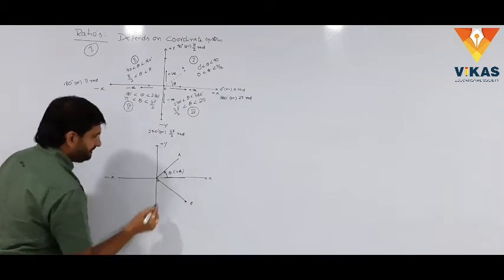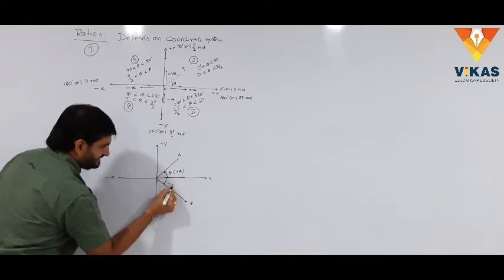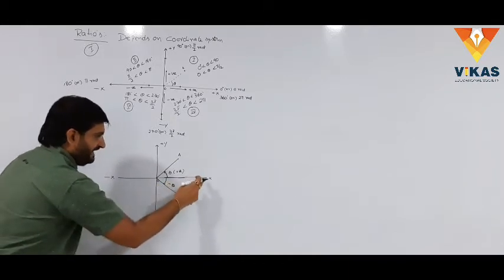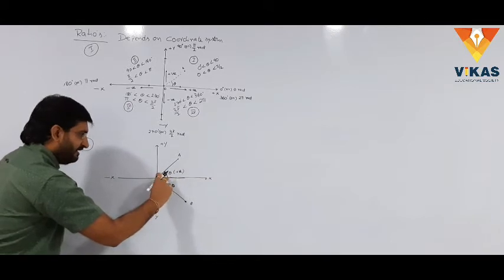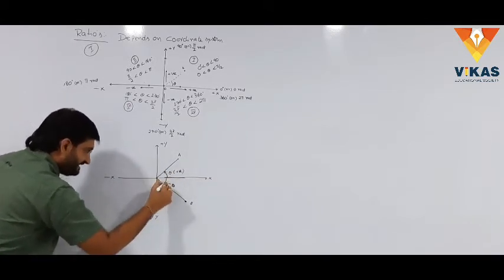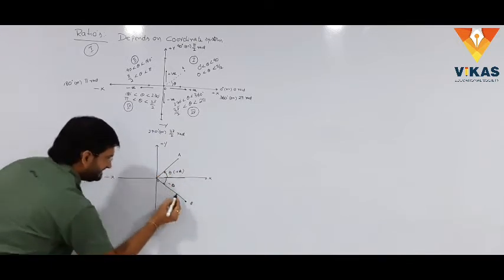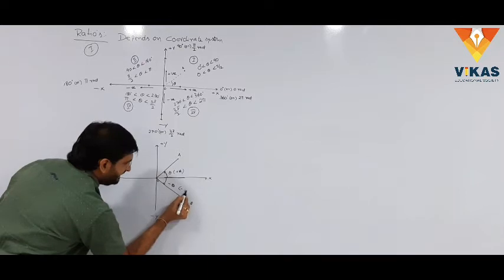This is the point B. The angle measured from the positive x-axis simply like this will be treated as minus theta. All the angles measured from the positive x-axis to this line OB, which is in the clockwise sense, are treated as negative.